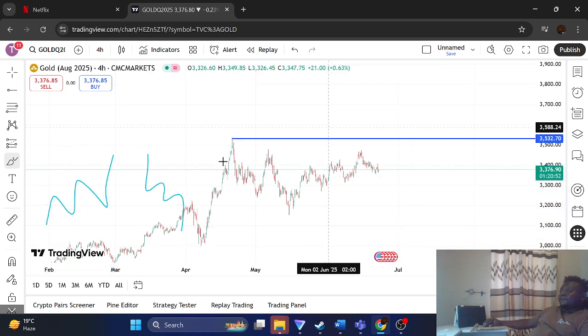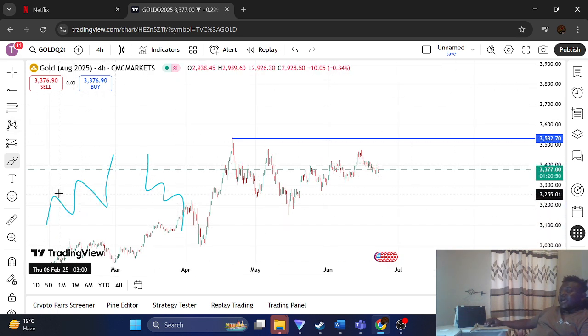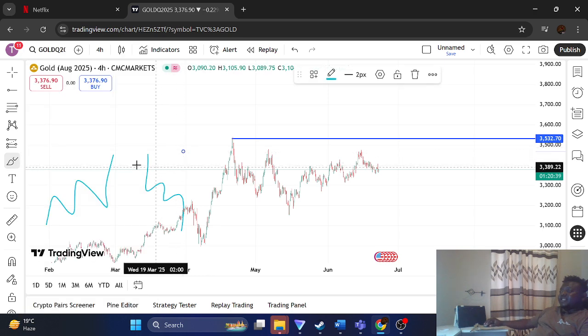So the market will be creating highs which are higher than the previous high, and lows which are higher than the previous low as well. Then as the market goes down, it's doing the same thing. It's creating lower lows and lower highs as it goes down.